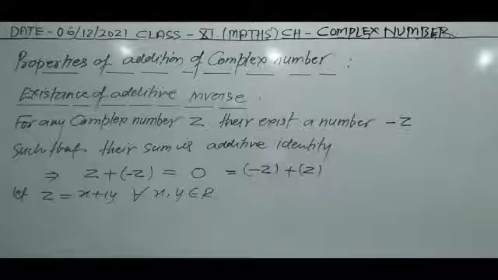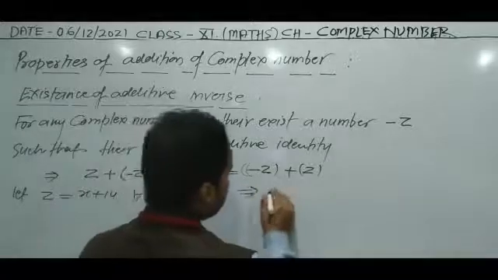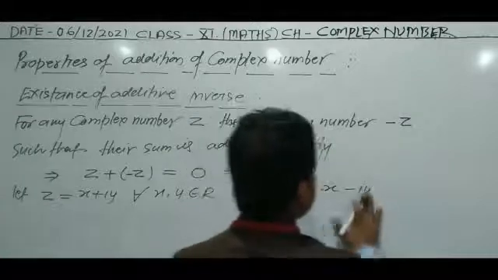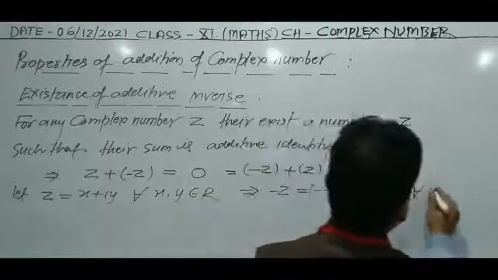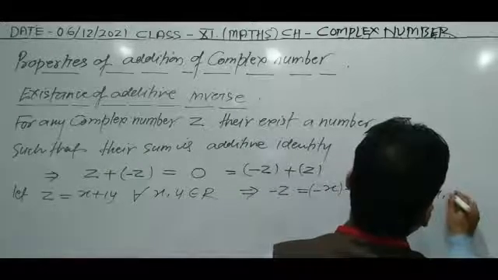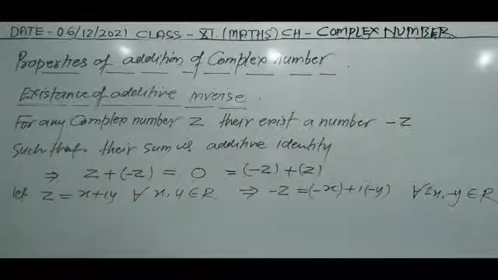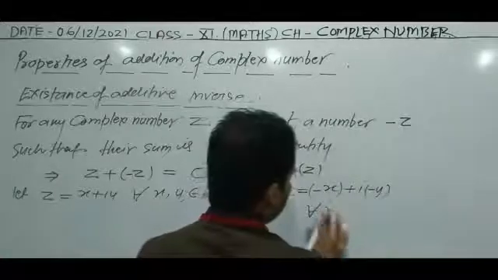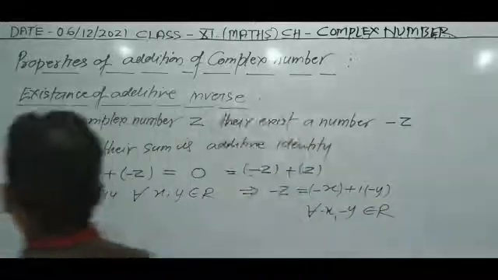This implies we can write minus z as minus x plus minus iy, or minus x plus i times minus y, for all minus x, minus y belongs to real.